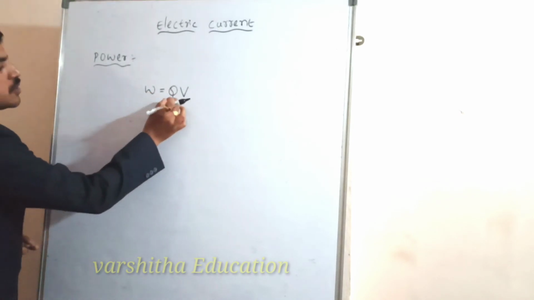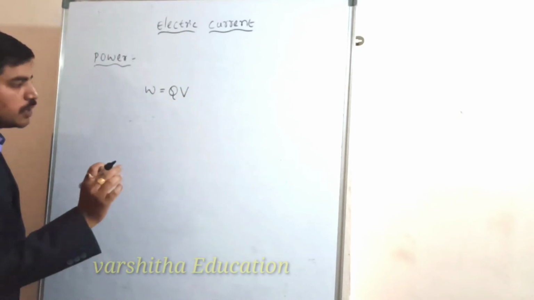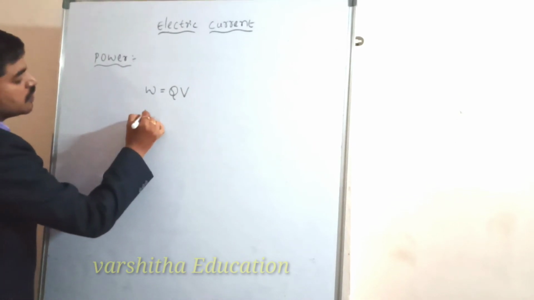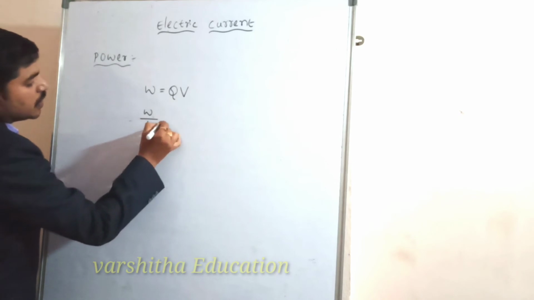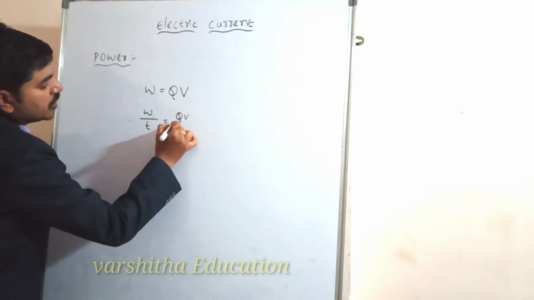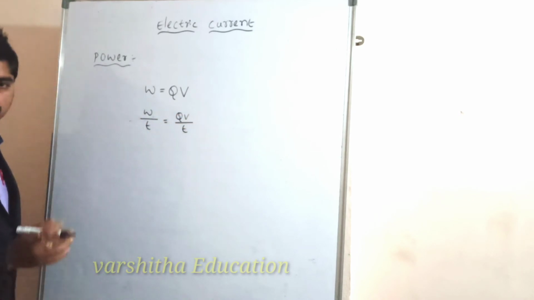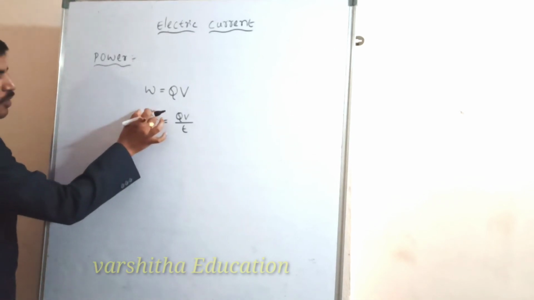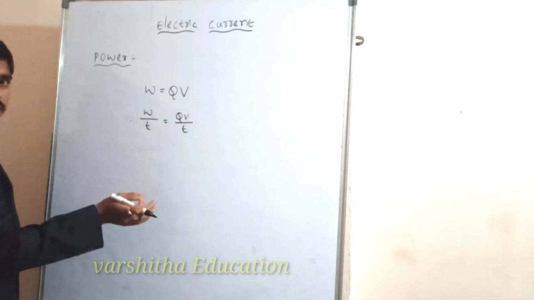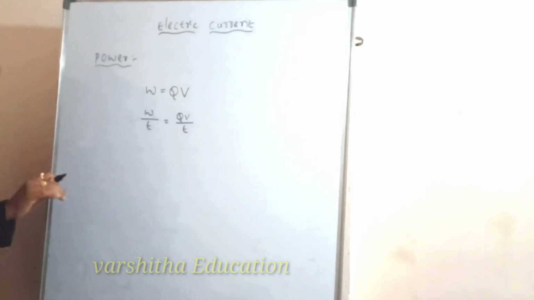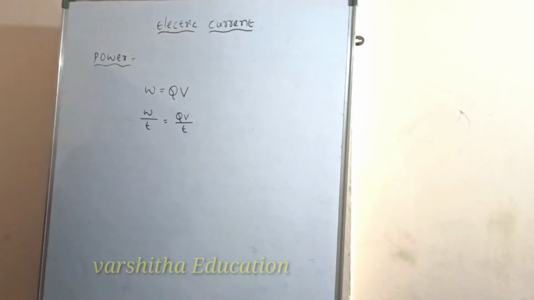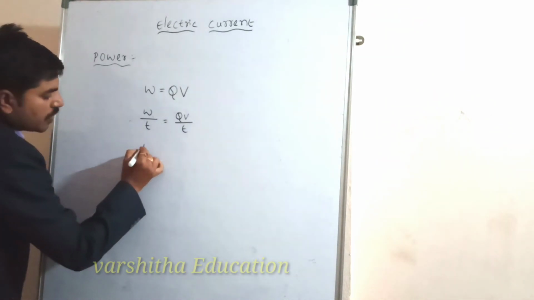On both sides I can apply the T values, dividing both sides by T. QV divided by T. So what is meant by work per time? How much work we did in a particular instance of time? It is nothing but power, P.